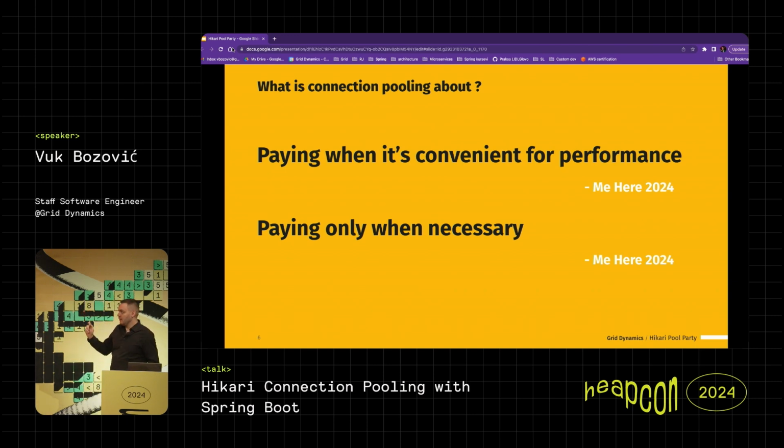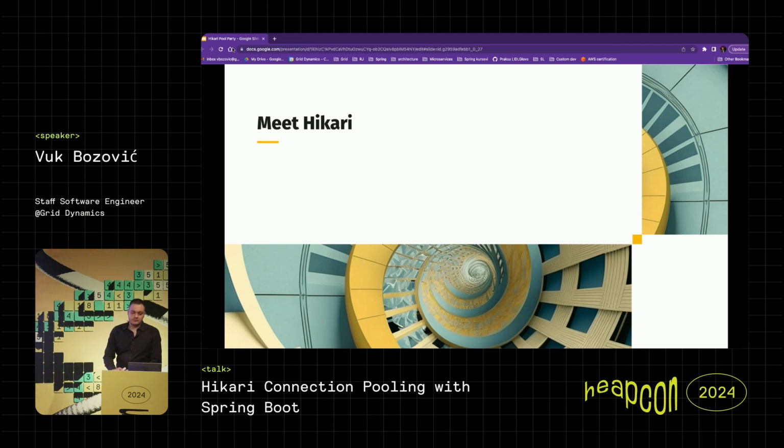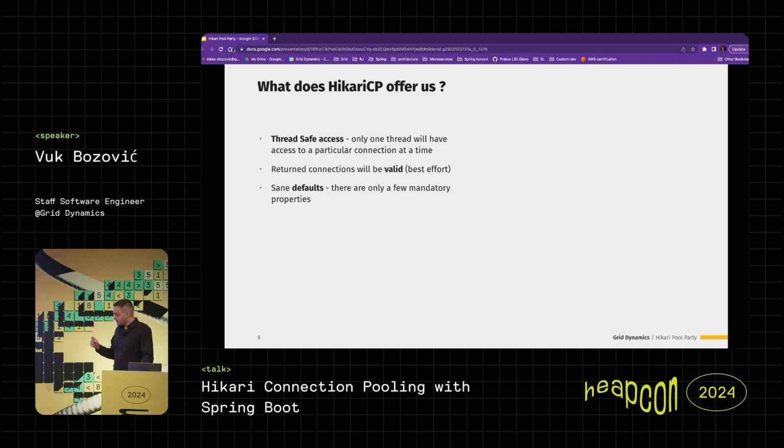Now, let's see what the connection pool has to offer us from a bird's eye perspective. First of all, it offers us thread-safe access, meaning that every connection, once borrowed from the connection pool, will only be borrowed by one and only one user. User and thread in this context are synonyms, and I may use them interchangeably.